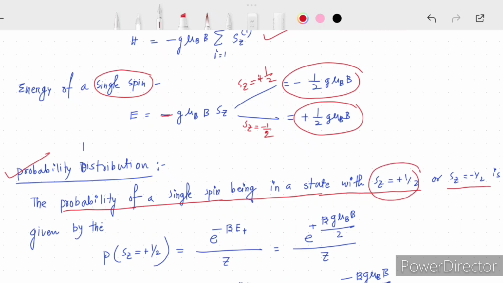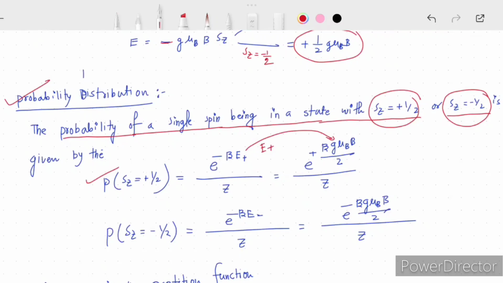And for a single atom with spin Sz equals minus half, what is the probability? The probability when Sz equals plus half is, this is the formula of probability, e to the power minus beta E plus upon Z. Let's substitute the value of E plus here, and we get the probability.